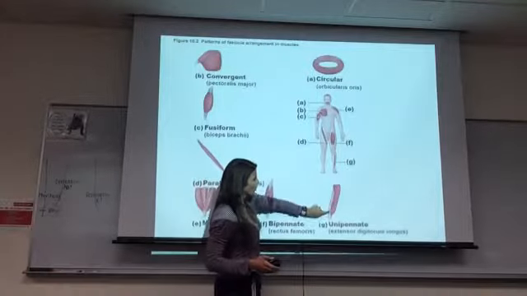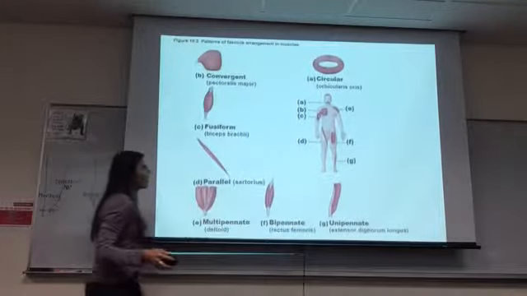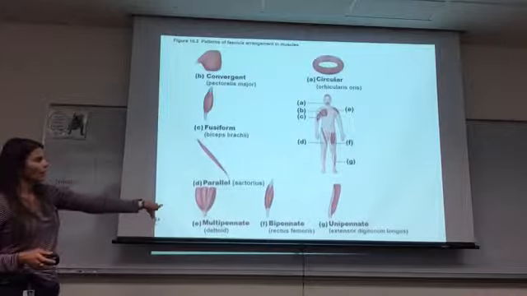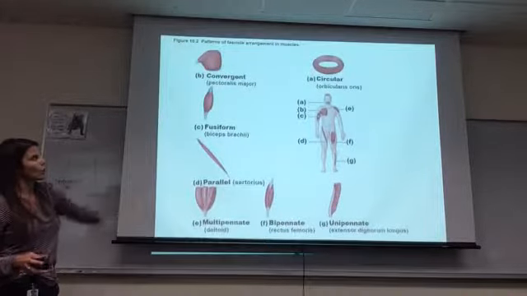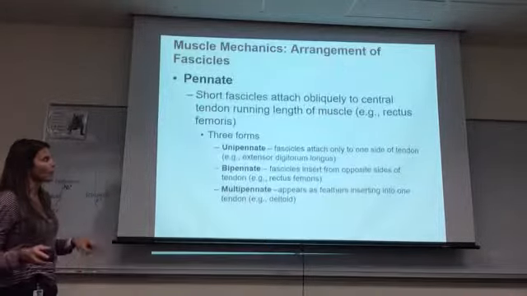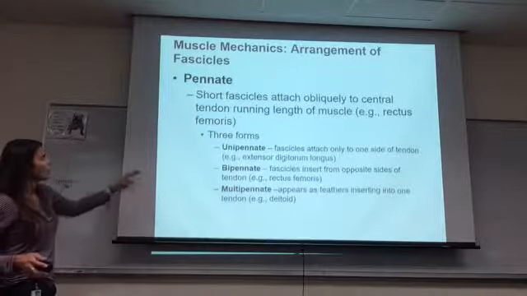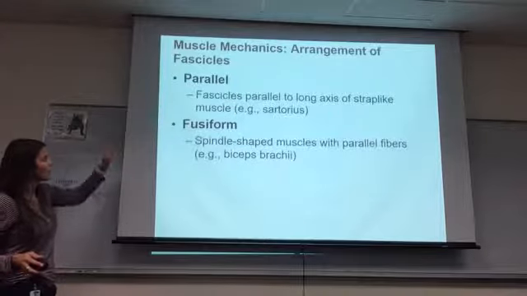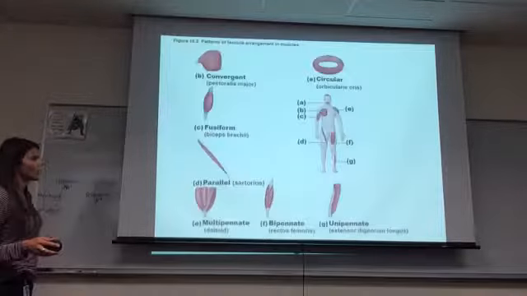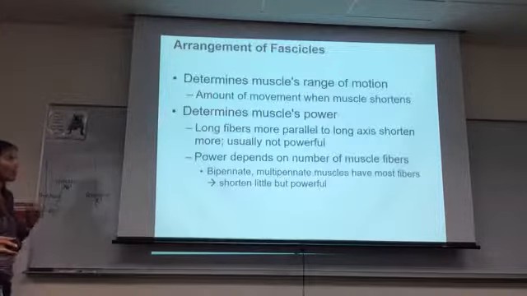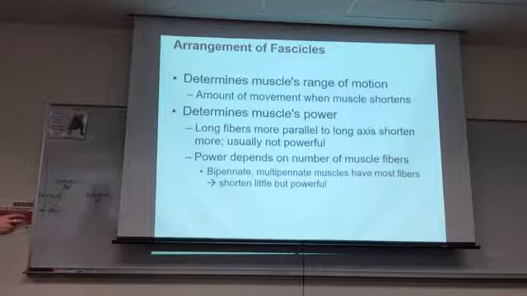And then unipennant, just one tendon there. This labels the letters, but it also shows you where they're located as far as the fascicle arrangement. I just want to make sure I covered all the terms: one tendon, two tendons, multiple tendons. I don't want to skip a term for you guys.